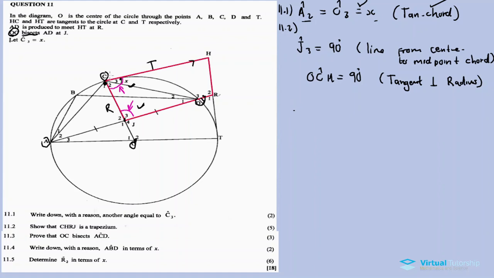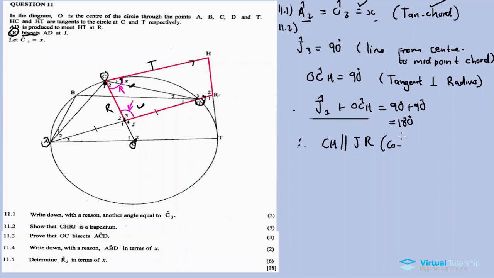kule shape yethu le in this quote unquote trapezium CHRJ, now add the J3 angle and the OCH angle, you get what? 180 degrees. So therefore it simply means that sinani sinama co-interior angles, and then that makes this line CH to be parallel to this line JR because of sinani sinama co-interior.